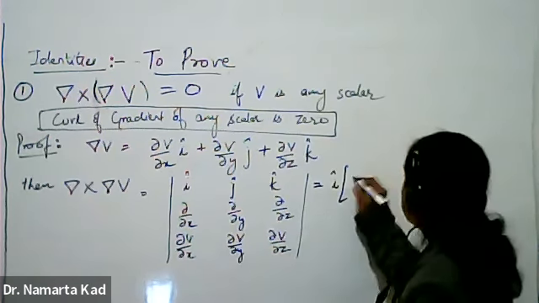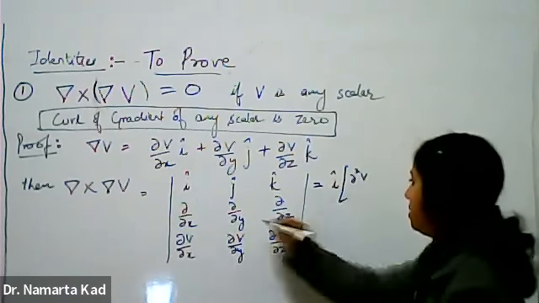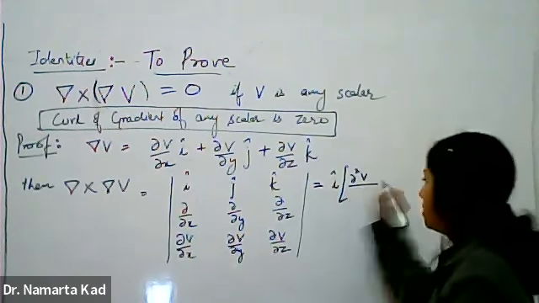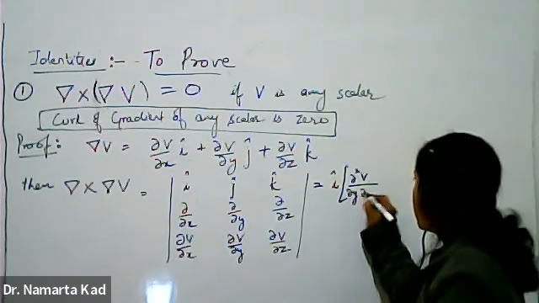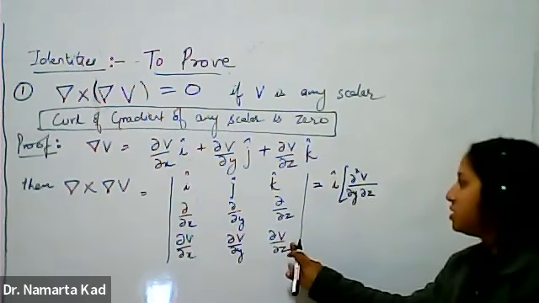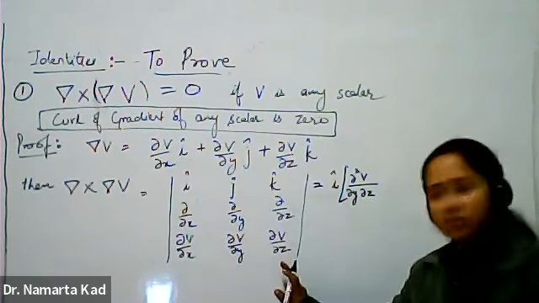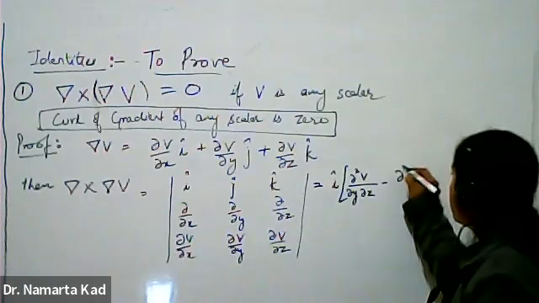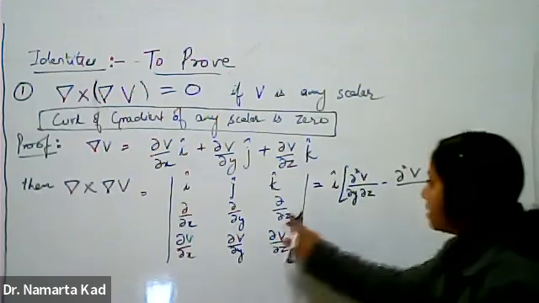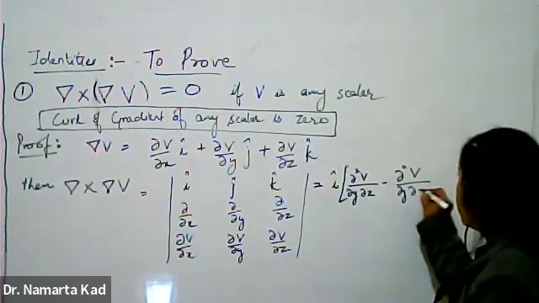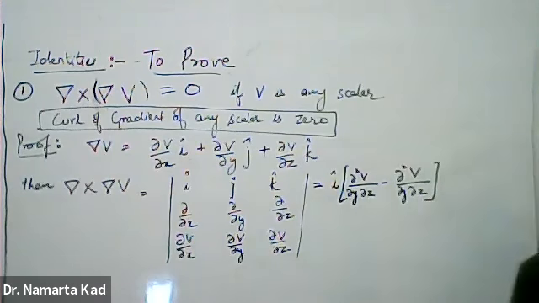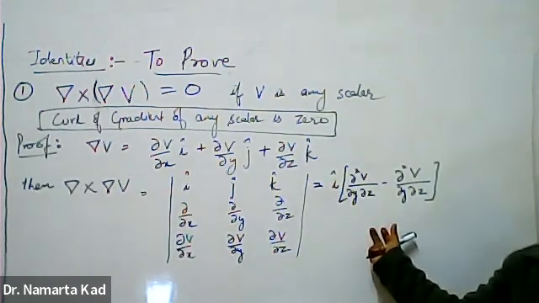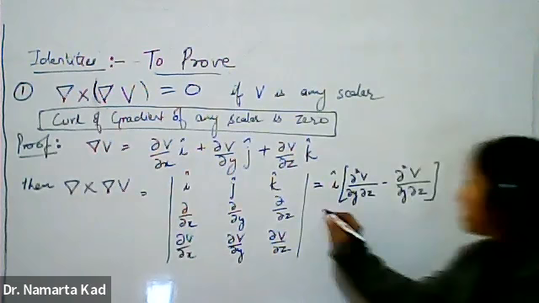Cross multiplication will give you curly square v by curly y curly z minus curly square v by curly y curly z. As you notice, this is the same quantity with a negative sign, so it cancels out.